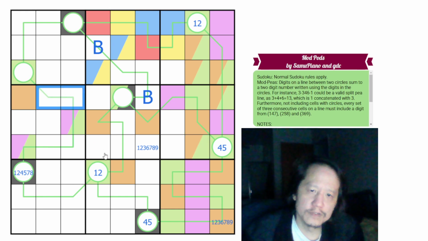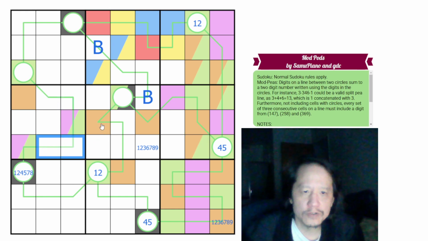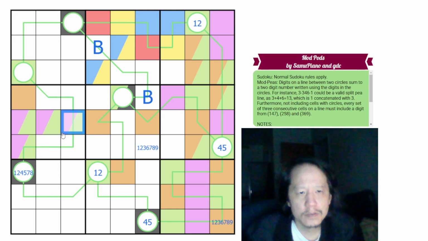So one of these is orange, the other one is orange here. So we have one orange here, one orange here. This is green or pink. So this is orange and orange. This has to be green and pink. This is green or pink.